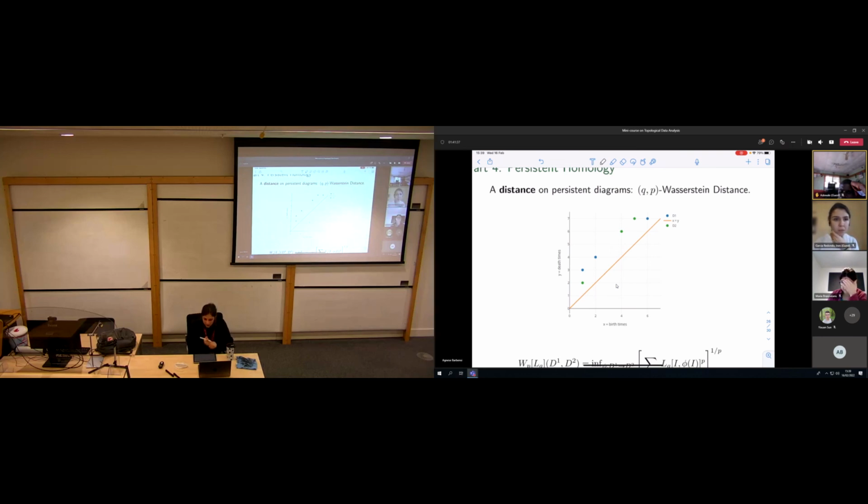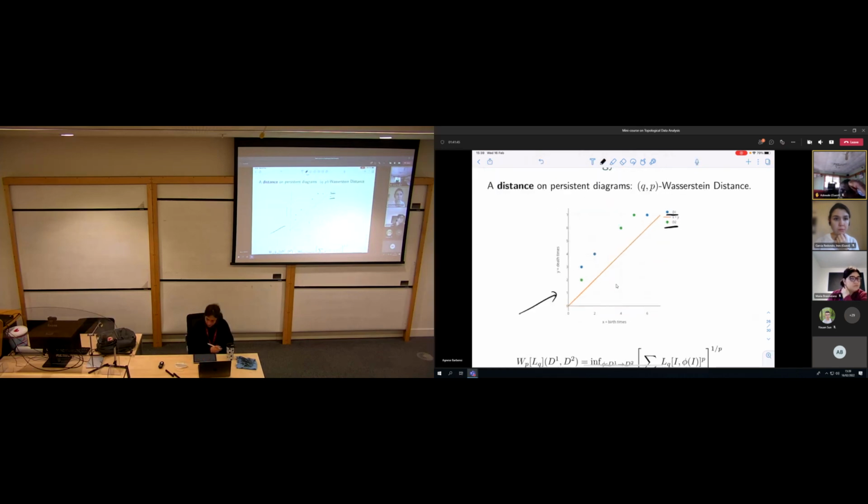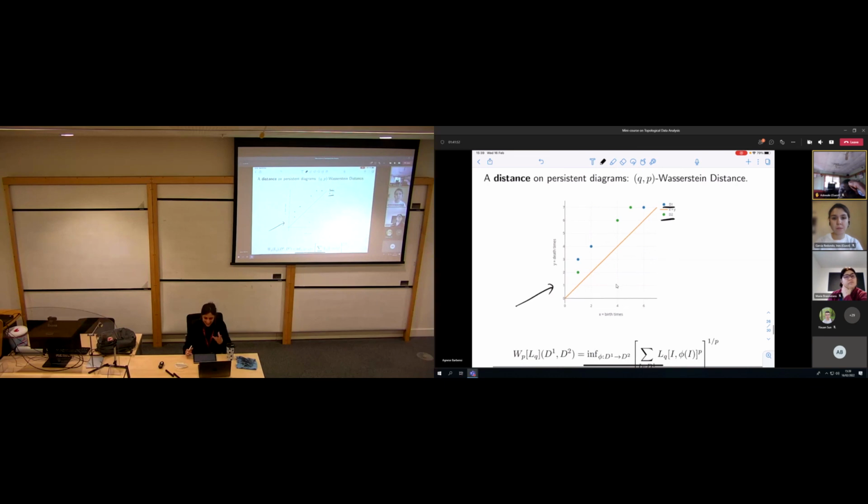First important thing you can do, if you have 2 different diagrams, D1 and D2, shown here superimposed on each other, D1 being the blue and D2 being the green, you can define distances between them. And defining distances will give you a way to understand how similar two persistent diagrams are, and thus understand how similar in shape the 2 initial point clouds are.